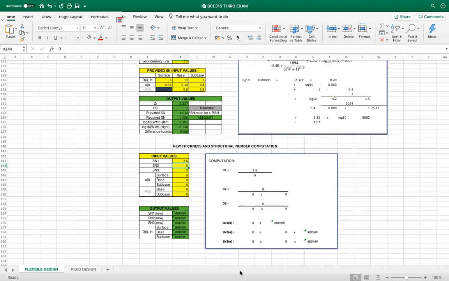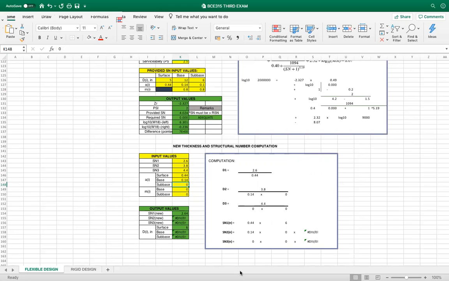SN2 would be 3.8. SN3 would be 4.4. Surface would be 0.44. Base would be 0.14.